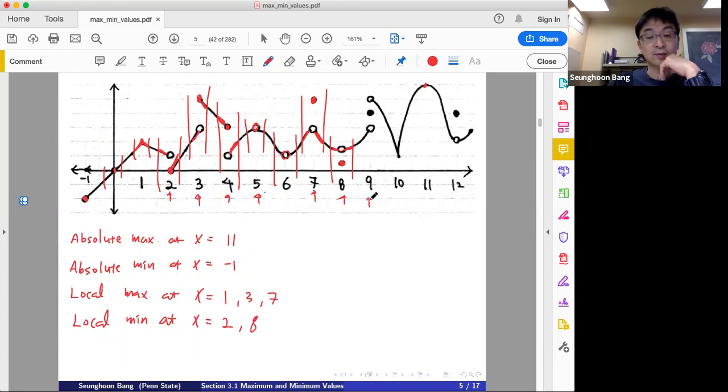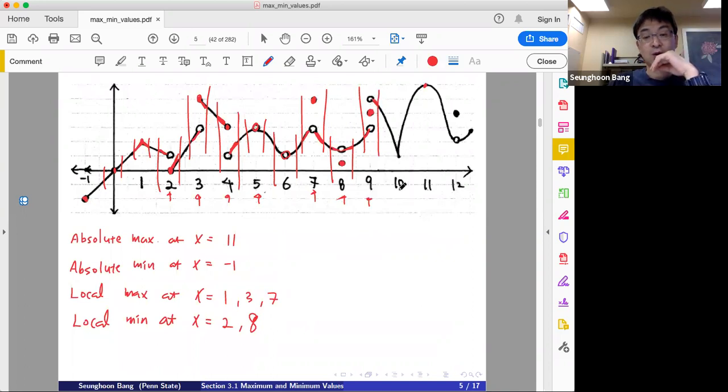What's 9? Local maximum, local minimum, or neither? What is your answer? Yeah, neither. This is a function value, not the lowest point, not the highest point. This is the reason, neither.